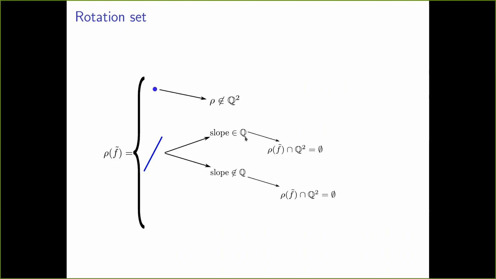When you have rational slope, and you have no rational point in the rotation set, or if you have irrational slope, and here again. So that means if you have a segment, you can consider that you have no rational point. And I want to focus on these cases here, because this is part of a conjecture made by John Franks and Michał Misiurewicz in that paper I mentioned before about the rotation set of torus flows.